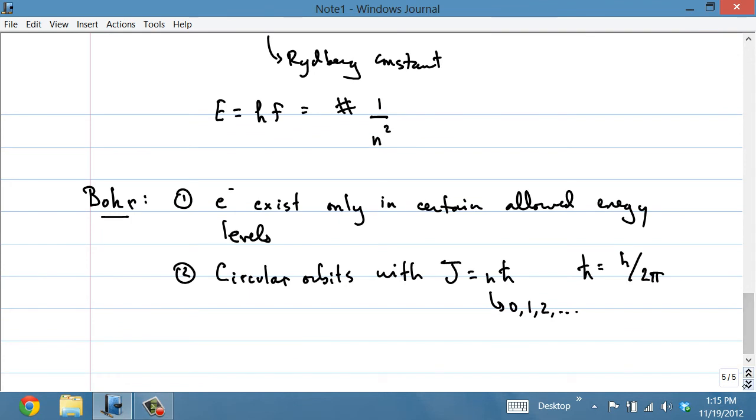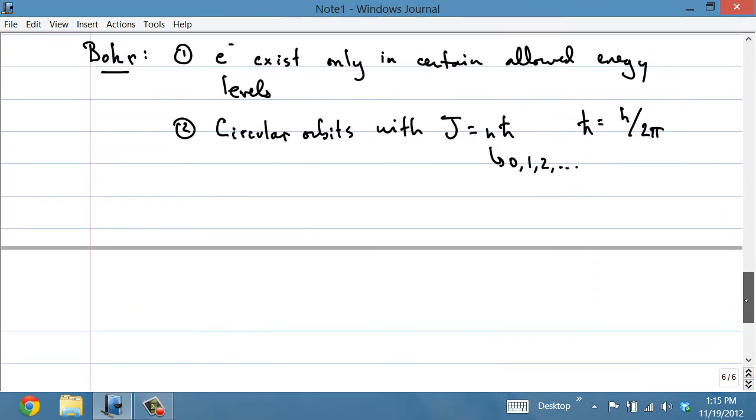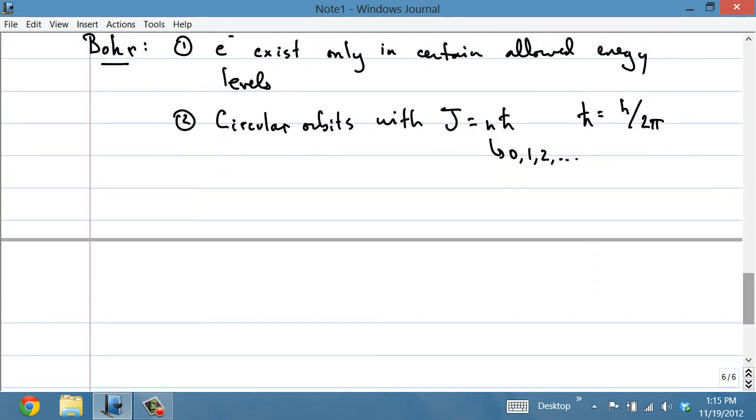So let's consider then our model of an atom. So we have some nucleus here, and we have an electron in a circular orbit around that nucleus. And so that electron will be moving at some velocity v around the nucleus, and it will be subject to some forces.